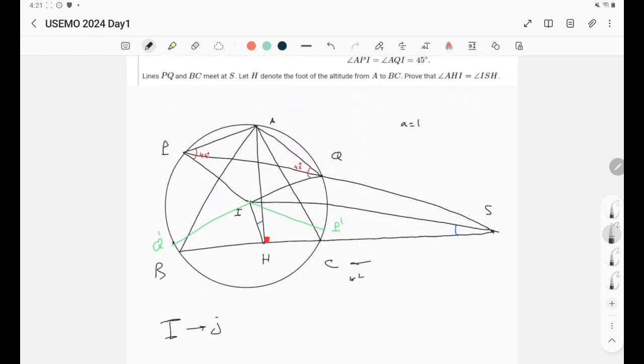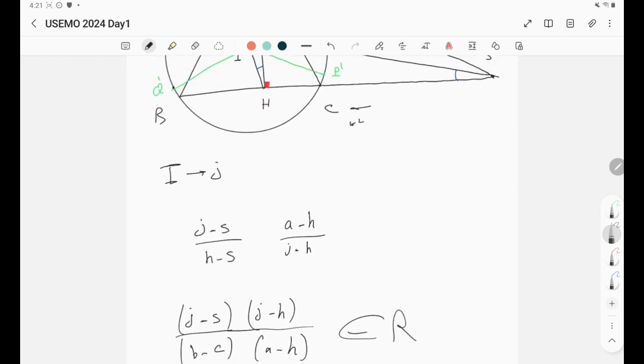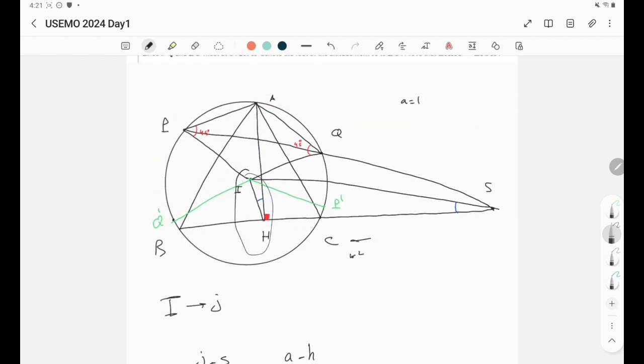Okay, what about the other one? So here you have J minus H. It's this line here. And we also have A minus H. So if you know the projection formula, it's actually not that nice because it's half times A plus B plus C minus BC over A. It's a little lengthy. So if you can escape from H, also you should do that.